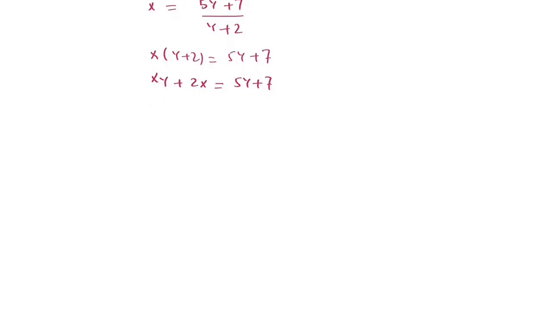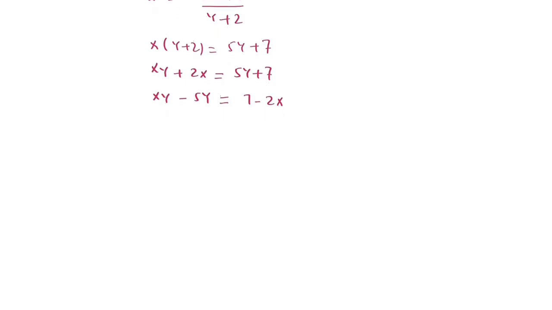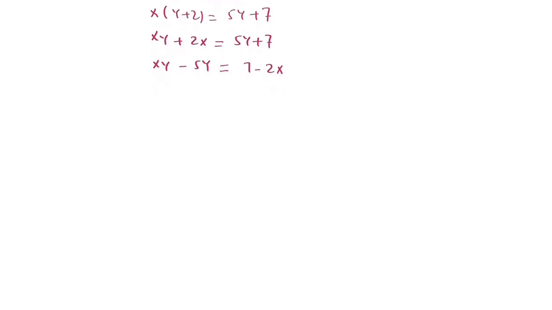Next let us combine the terms which contain y. Then our equation is going to be xy minus 5y equals 7 minus 2x. Let us now factor out y on our left hand side. Then our equation is going to be y in brackets x minus 5 equals 7 minus 2x.